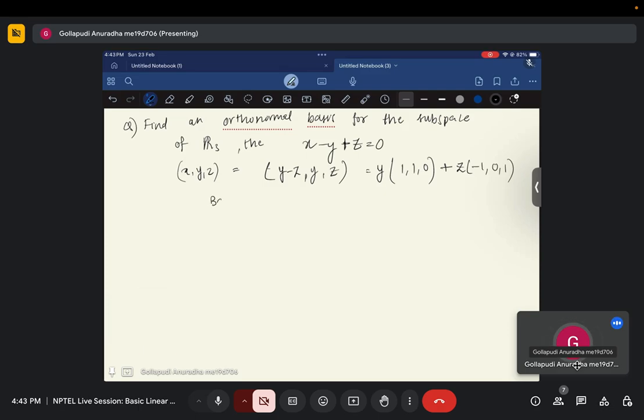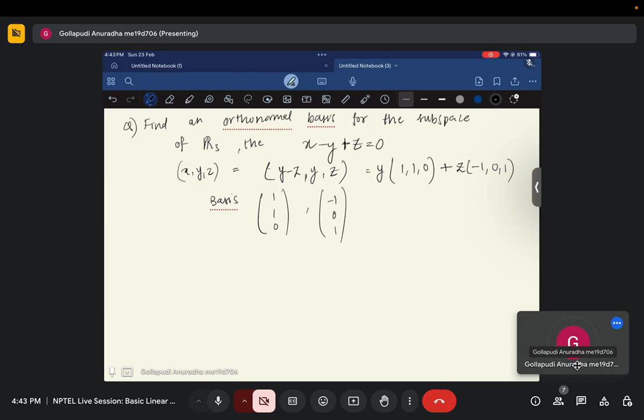So the basis we are having is this one. Now we have to orthogonalize it, so that we find the orthonormal vectors. That is the same thing as we have done before.